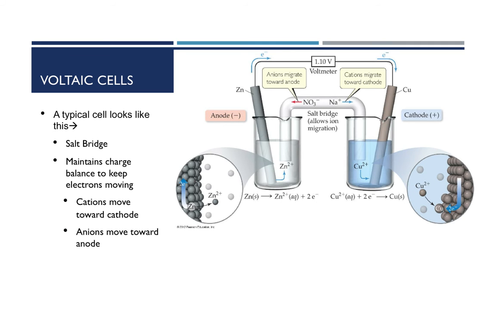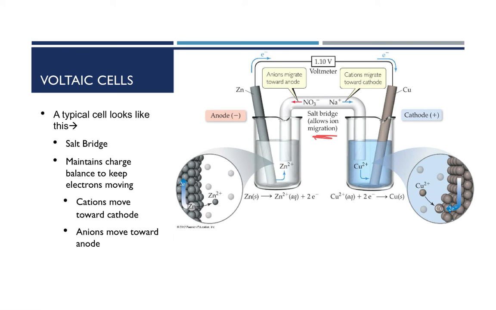You will notice there's one more piece to our voltaic cell, and that is this thing in the middle called a salt bridge. The salt bridge is there just to allow charge to flow.